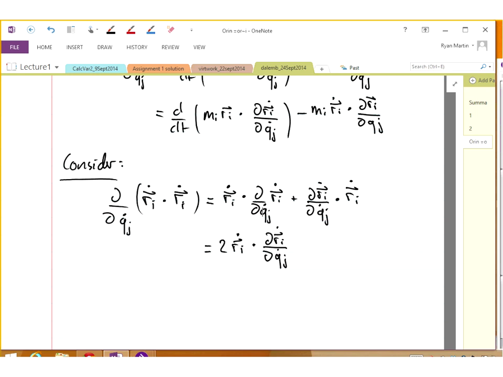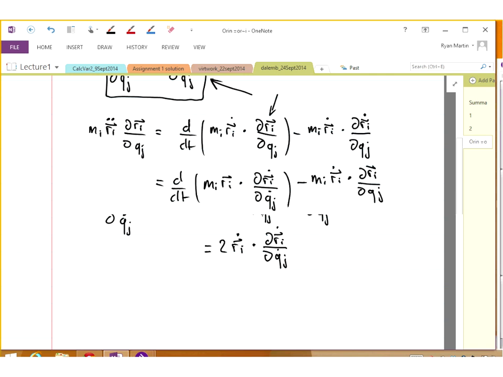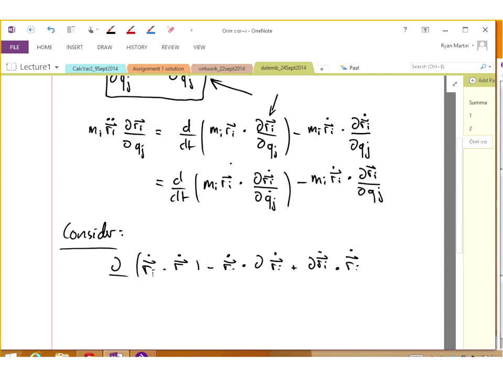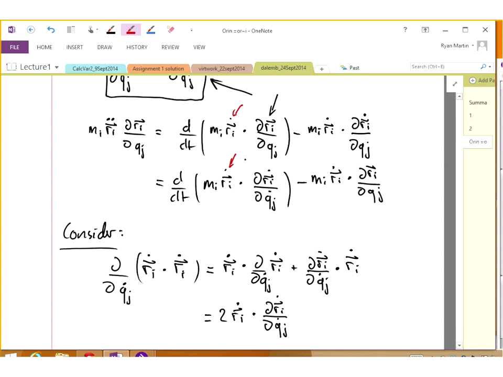We had an r_i, I forgot the dot up here as well. Right here, there should be some dots that I forgot to copy over. And so you can see that this term here is similar to this term here.